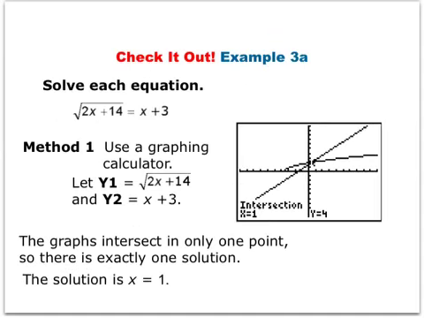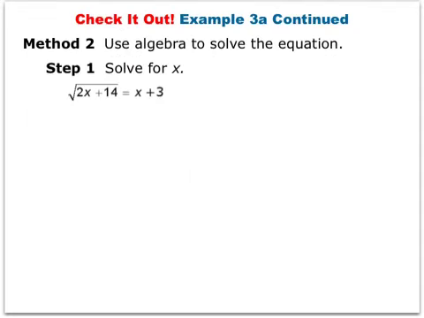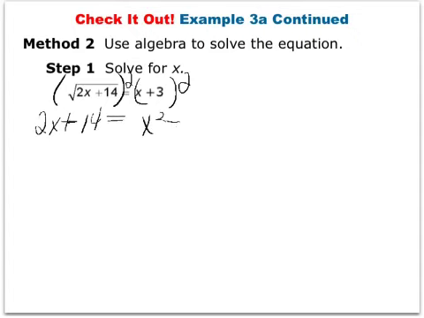Alright, you try this one. Again, you can put this into Y1, this into Y2. Where they intersect is your answer. Or we're going to do some algebra. Square both sides. I have 2x plus 14 equals x squared plus 6x plus 9.